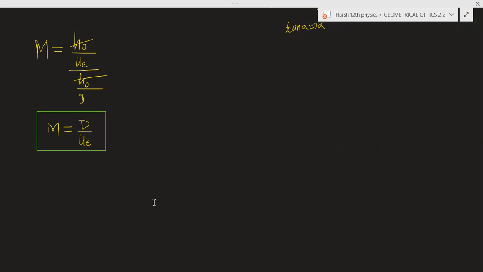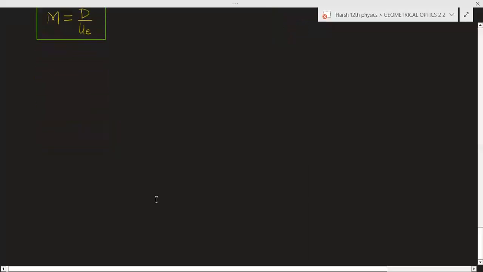So this is the case of the simple microscope. Now in simple microscope there are two cases. First case is in which we will calculate the maximum magnification. For the maximum magnification, the image should be formed at D. Case number 1.